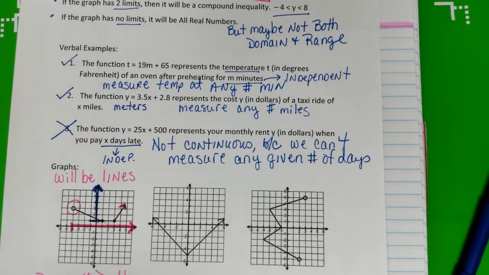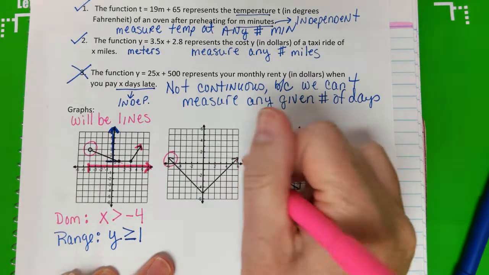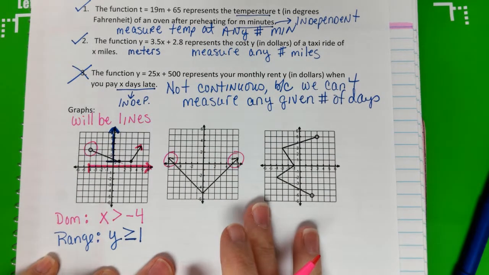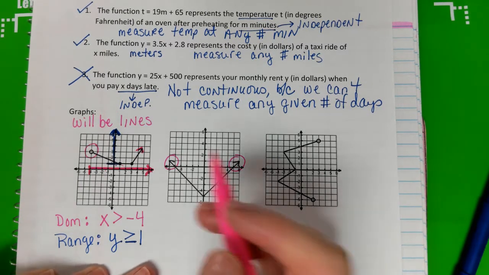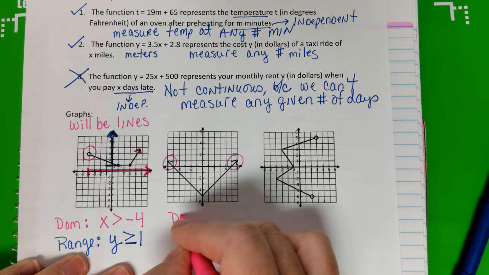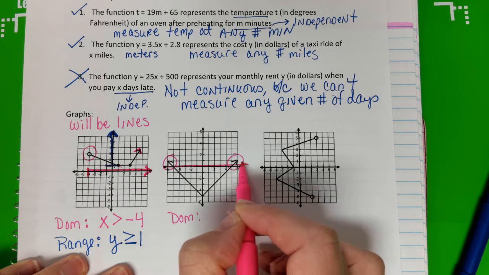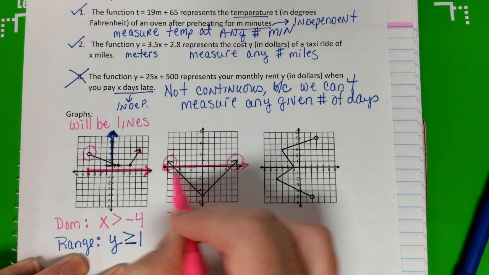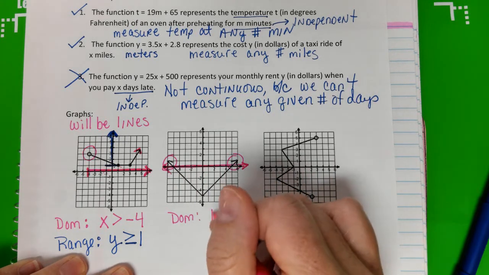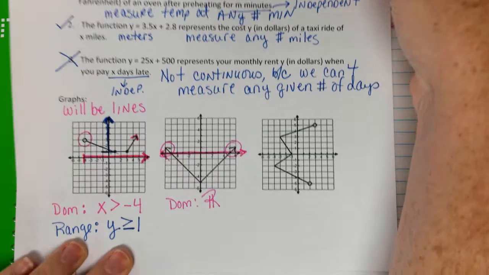Okay, on this next graph, we actually have 2 arrows. So this is going to be that third case where it says if it has no limits. Now, we've got to be really careful here. So my domain, my x values, they keep going on and on in both directions because the graph is continuing to go outward and spread. So the domain would be all real numbers. Okay?